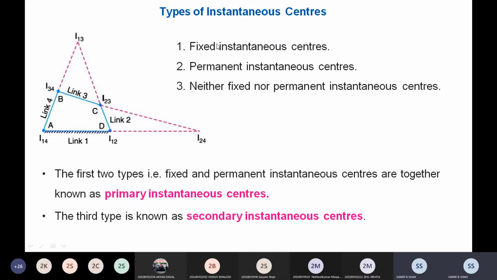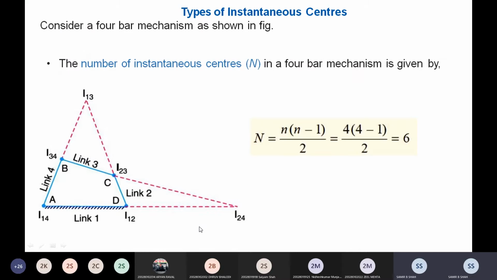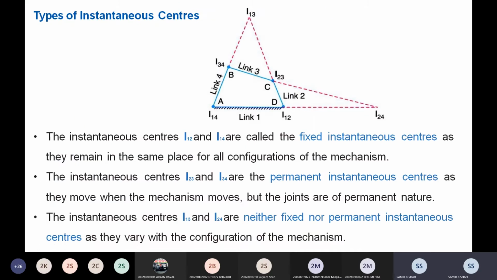Everywhere these may be divided in these three ways: fixed I center, permanent, and neither fixed nor permanent. Now we discuss one by one. The first two types, that is fixed and permanent I center, are together known as primary I center. The third type is known as secondary I center. It is very easy; already I discussed that there are 6 I centers.